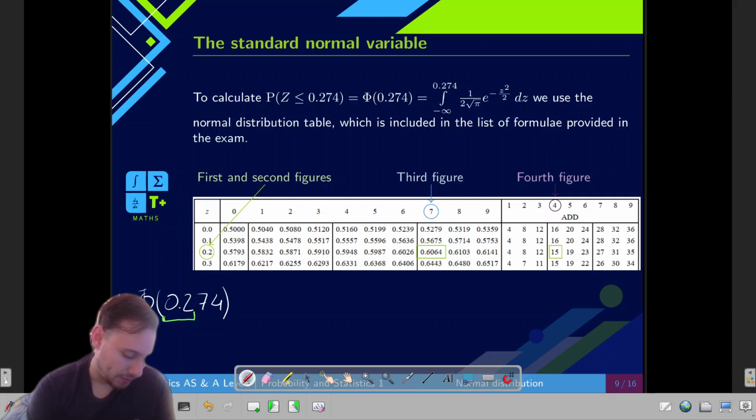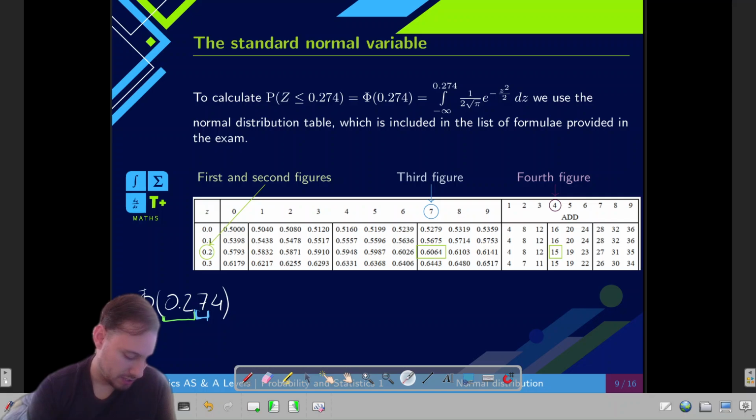Then my third figure is a 7. I'm going to look for this 7 in this row of values: 0, 1, 2, 3, 4, 5, 6, 7. I'm going to go to the row that corresponds to the 0.2, and the column that corresponds to the 7.